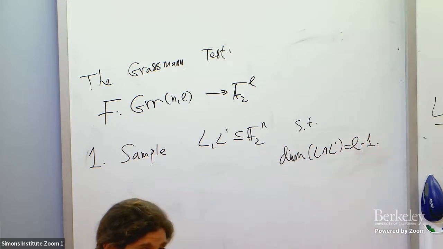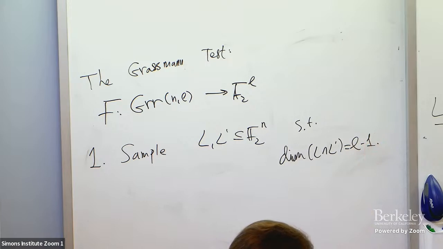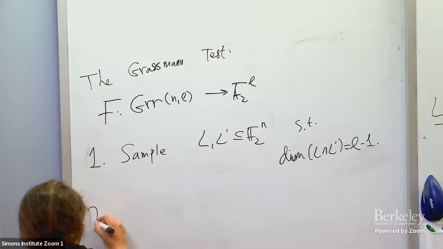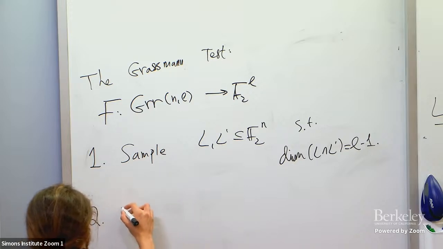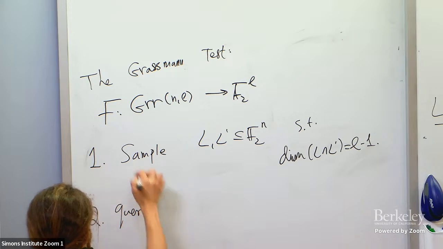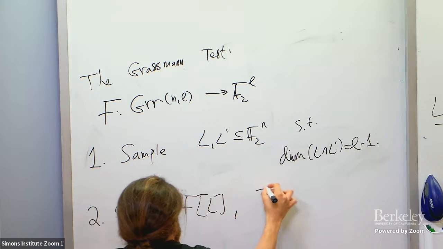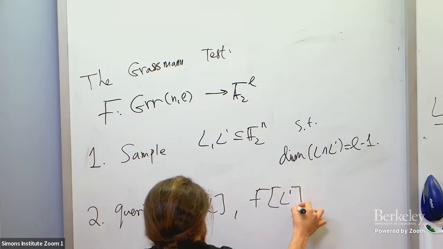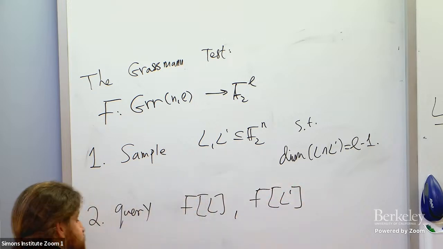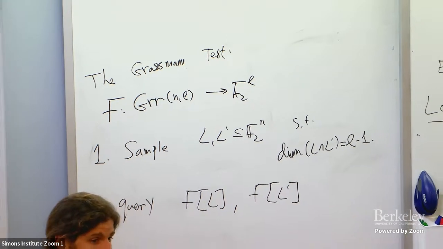So each one of them has dimension L, and I want them to intersect on the largest possible dimension, namely L-1. Then I'm going to read the values that F assigns to both of these subspaces. And then I'm going to check that it is consistent on the intersection of the subspaces.